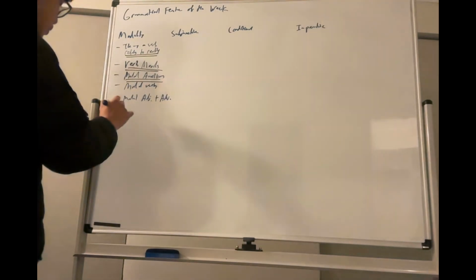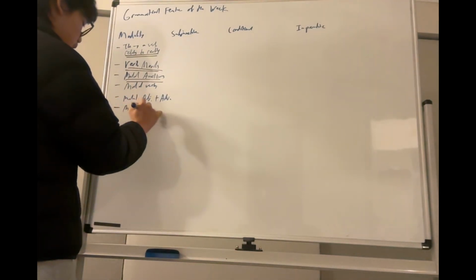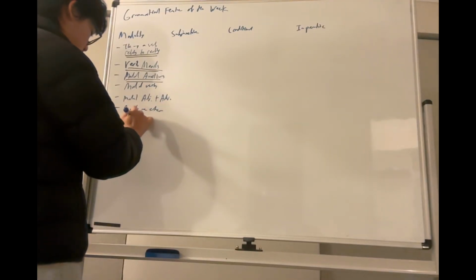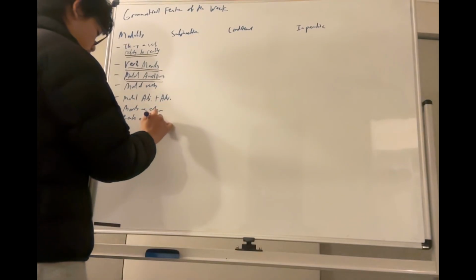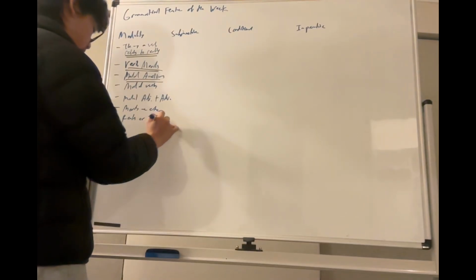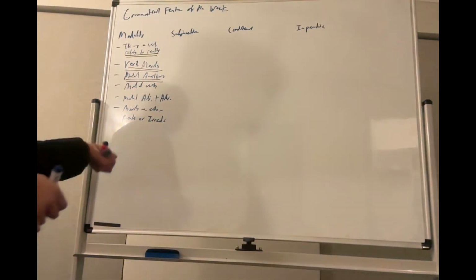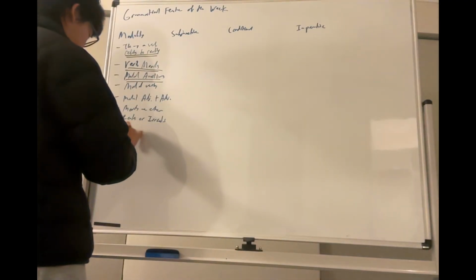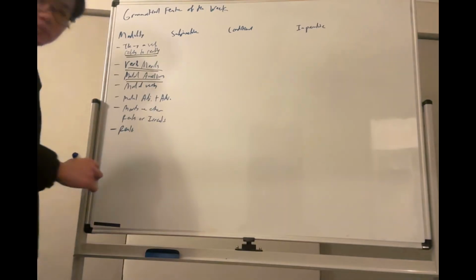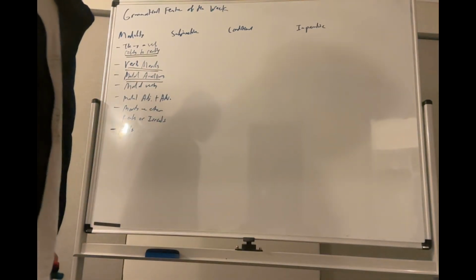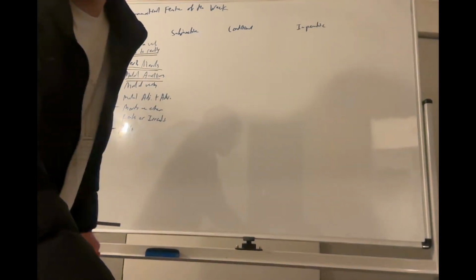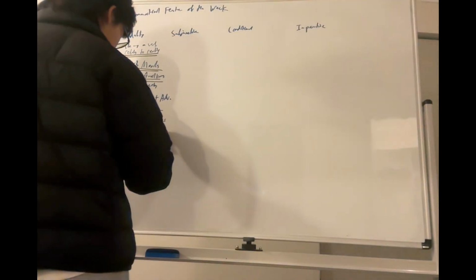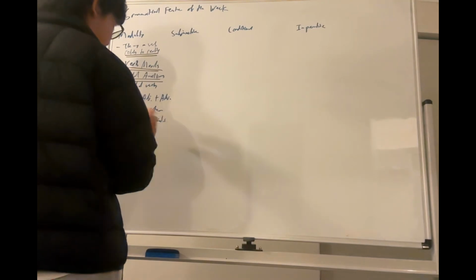So verb moods are either realist or irrealist. I think you can tell what these mean, but a realist mood is sort of like represents reality exactly as it is.